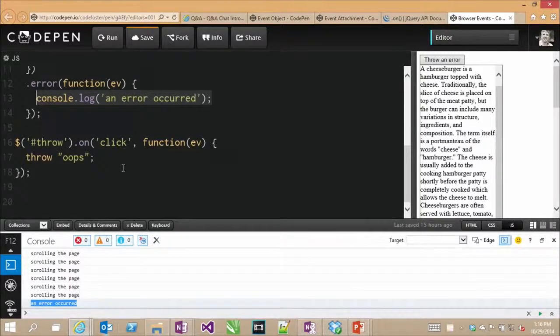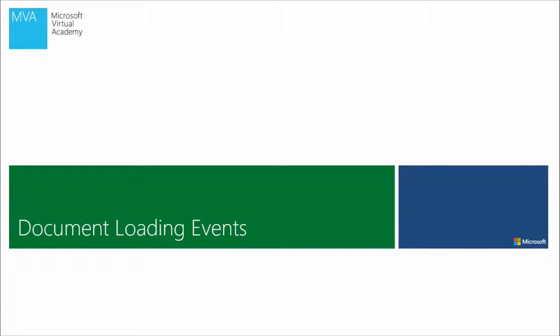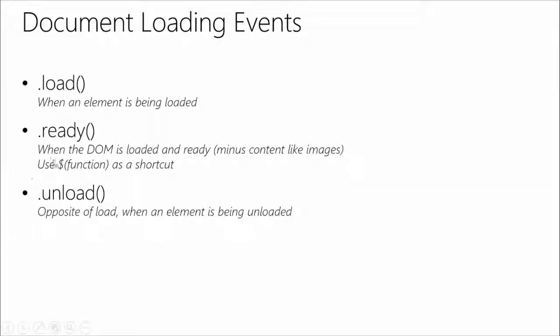Okay, let's look at document loading events. We looked at load, we looked at ready, and we have not really mentioned unload. I want to do this quickly since we have looked at it already, but I want to mention that load does affect the entire body.